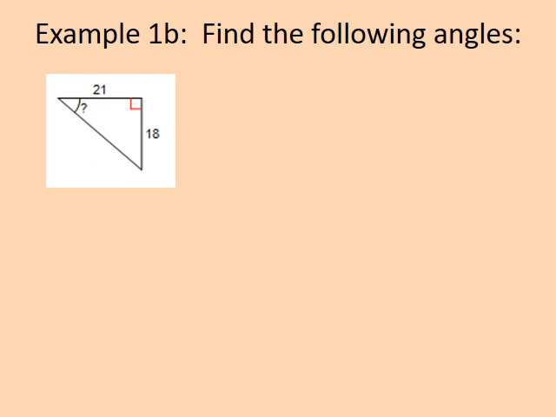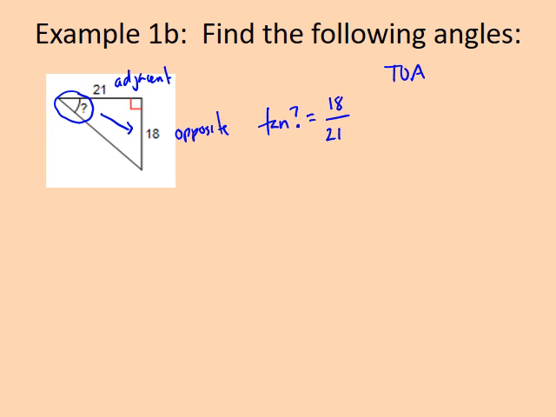In this next example, the angle is in this position right here, and we have the opposite side to that angle, and we have the adjacent side to that angle. So we know the tangent of question mark is opposite 18 divided by the adjacent, which is 21. Remember our TOA.